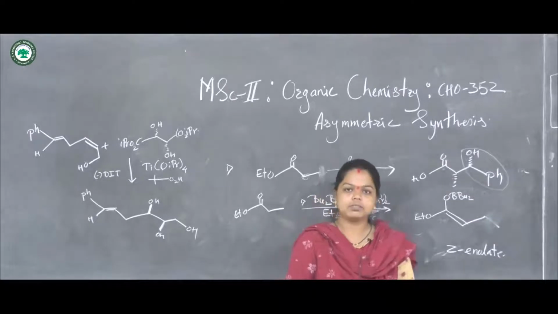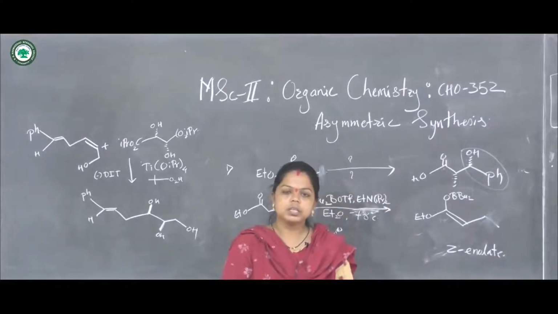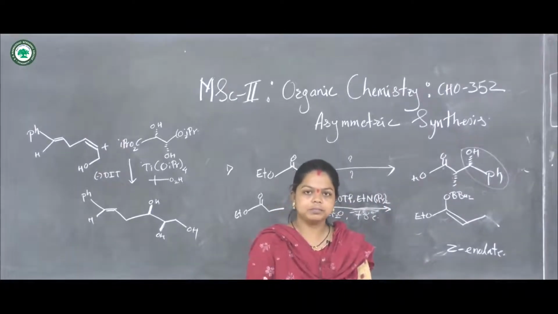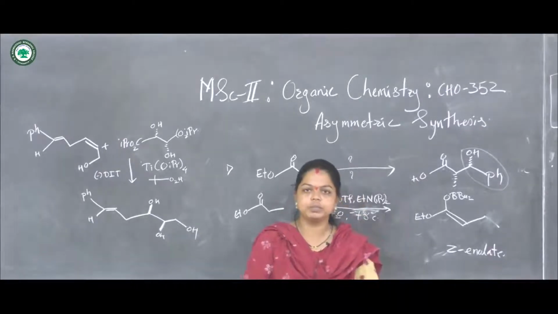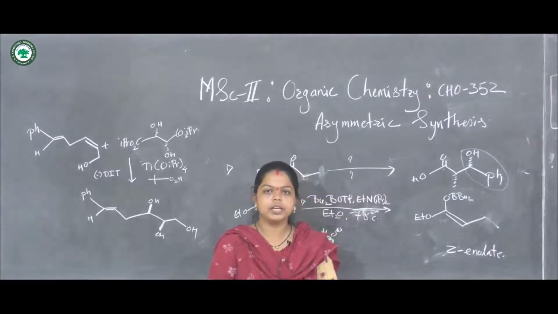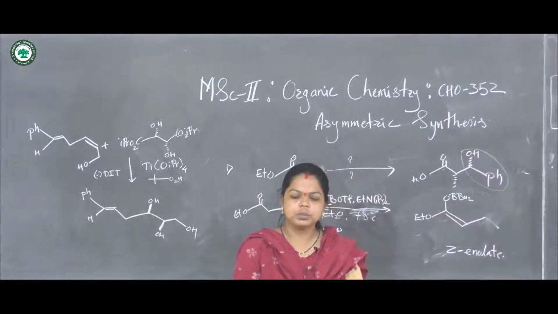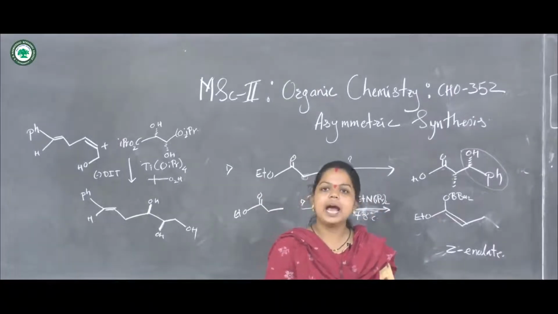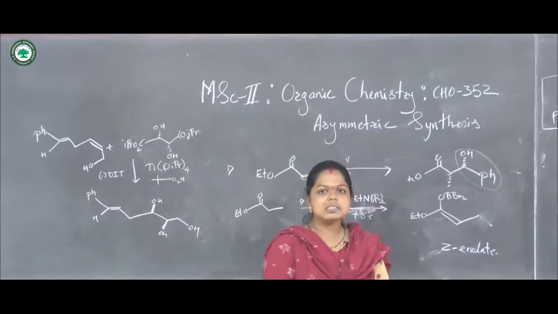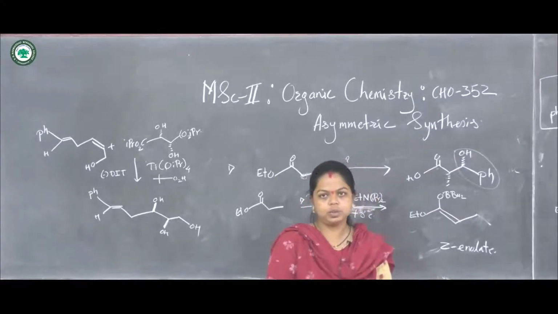We have already studied in this course that when we form the Z enolate from the carbonyl compound, we get the syn aldol. If we form the E enolate from the carbonyl compound, we get the anti-aldol. So this is the diastereoselectivity in the aldol reaction.